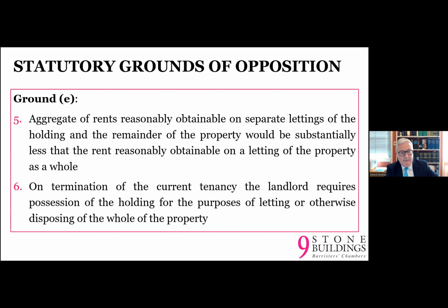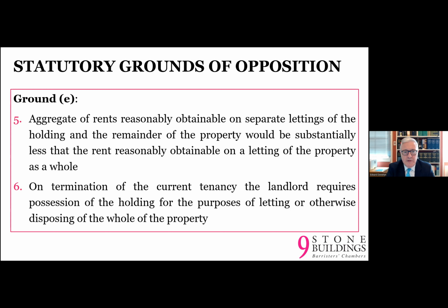And on the termination of the current tenancy, the landlord requires possession of the holding for the purposes of letting or otherwise disposing of the whole of the property. So even if those first 5 elements are satisfied, it's not a hypothetical or a paper analysis.